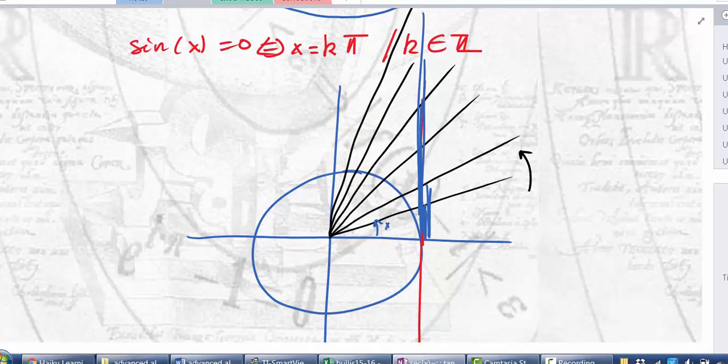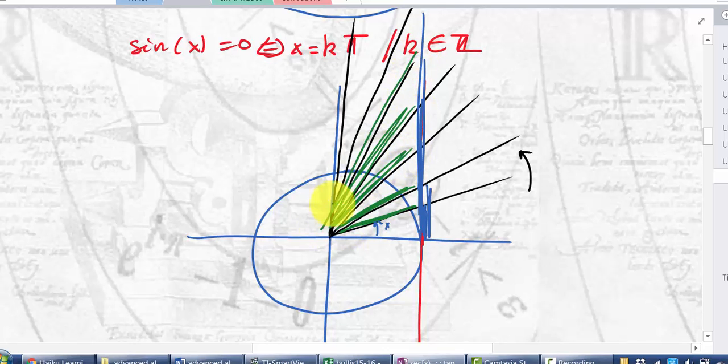And secant is this one right there, and then this one, and this one, and this one. These segments are getting longer and longer.